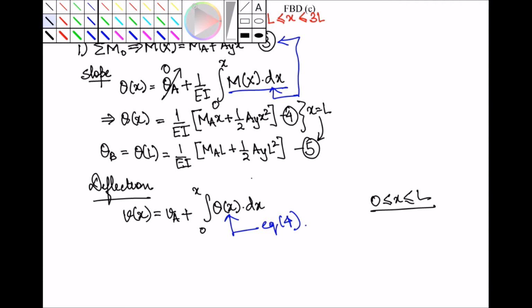We also note that the deflection at end A equals 0 since it's fixed. We also discussed this in the geometric boundary conditions.